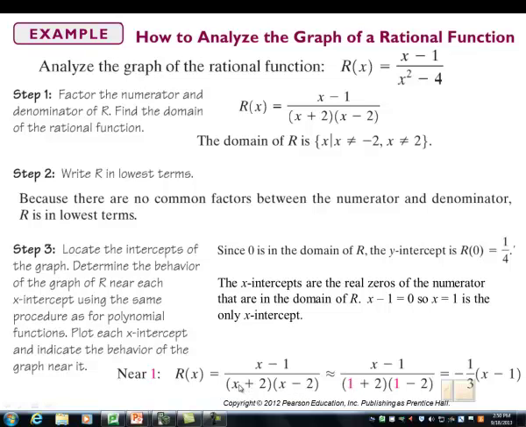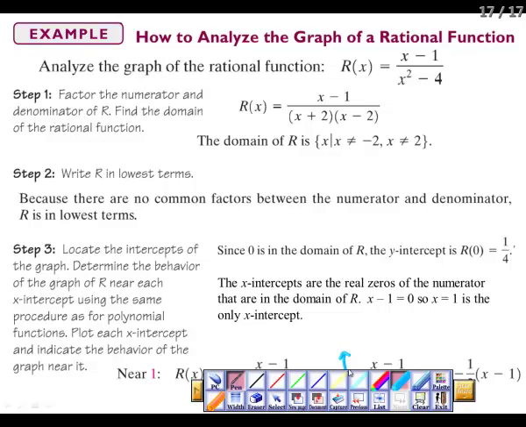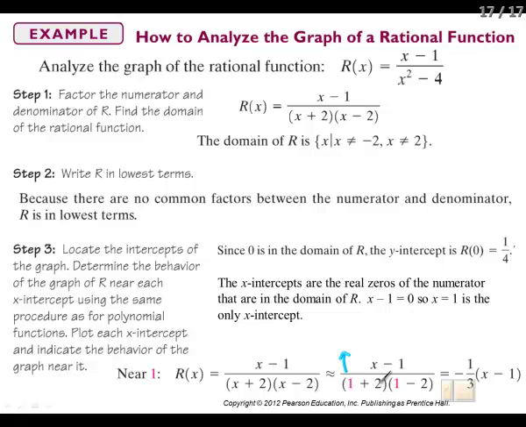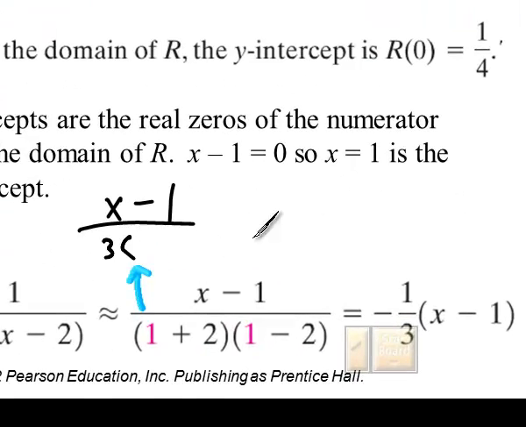We get 1 plus 2 is 3, 1 minus 2 is negative 1, and so we end up with x minus 1 over 3 times negative 1.